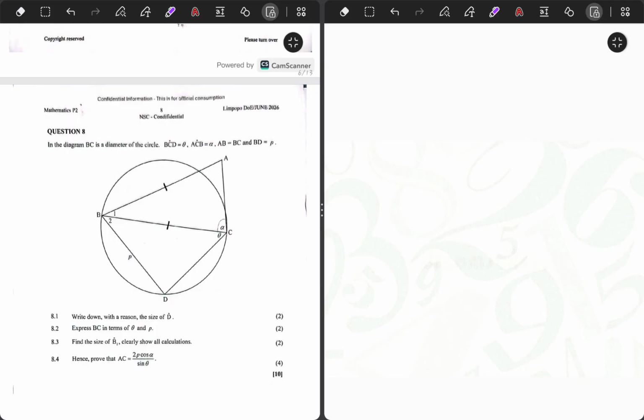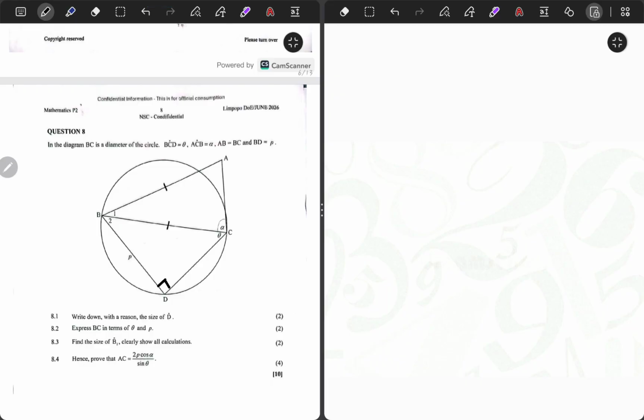All right, we're given that in the diagram, BC is a diameter of the circle. So if BC is a diameter of the circle, that simply suggests to us that angle D is 90 degrees.